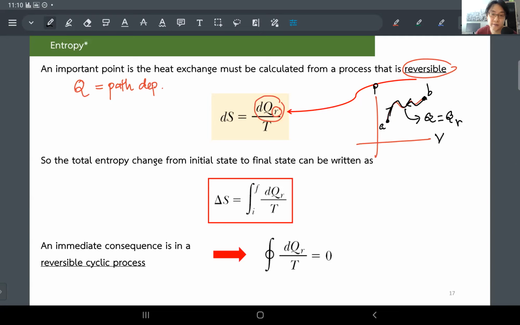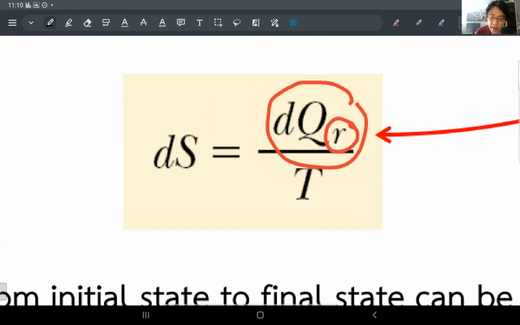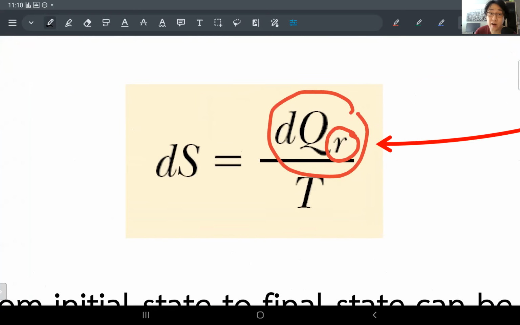Everything is good. All right, go along with me up to this point. So that is the real definition of the entropy change. You take the heat calculated from any reversible process divided by the temperature during that change, and you get the change in the entropy. Cool. Very nice.